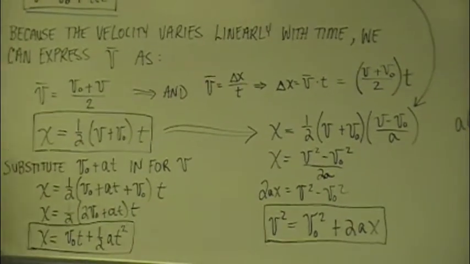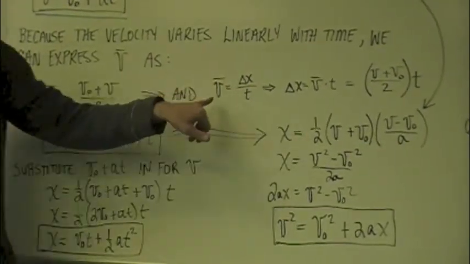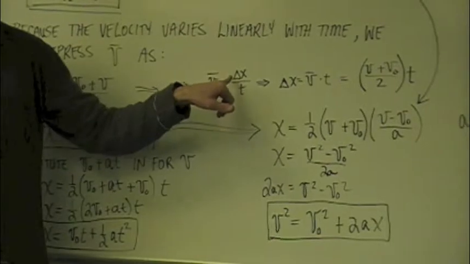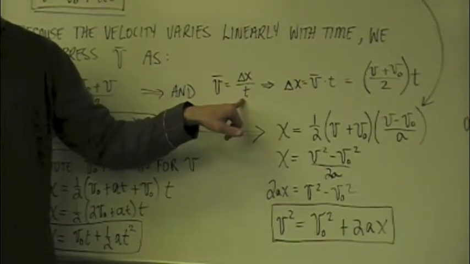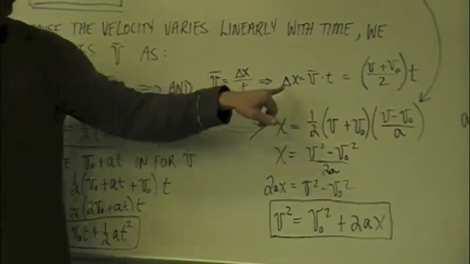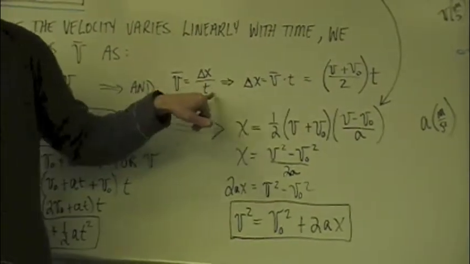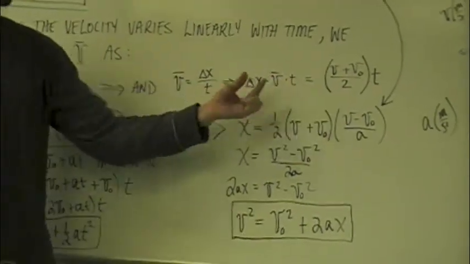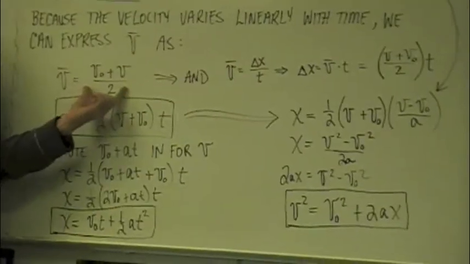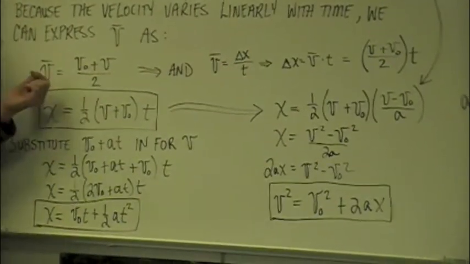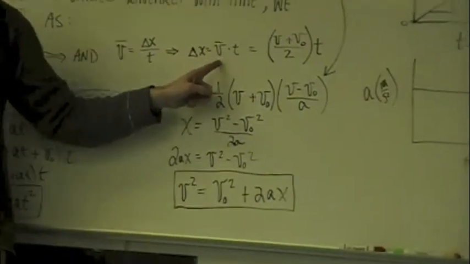Okay, if we progress then and say that average velocity is delta x over t, which we've established, we rewrite that as delta x equals average velocity times time, and then we plug in what we just got for V bar.